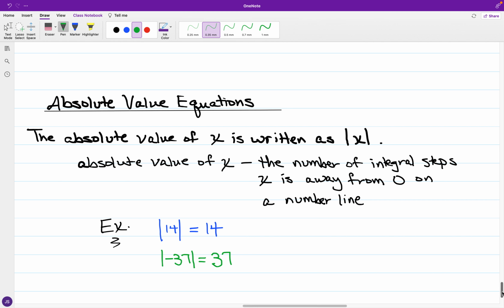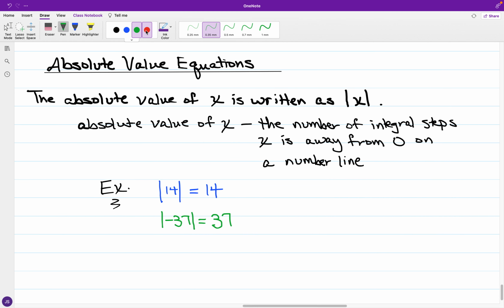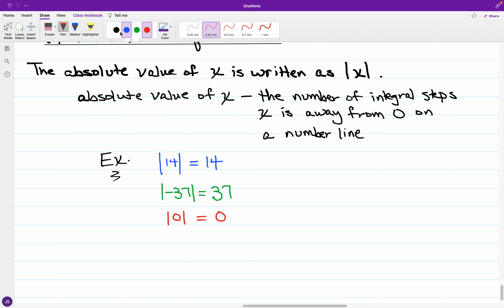So the absolute value of negative 37 is going to be 37 integral steps away from 0. And if I have the absolute value of 0, well, there's no movement away from 0, so you're going to have 0. And just to mention, absolute value is a non-negative quantity. It can be 0 or positive, but never negative.